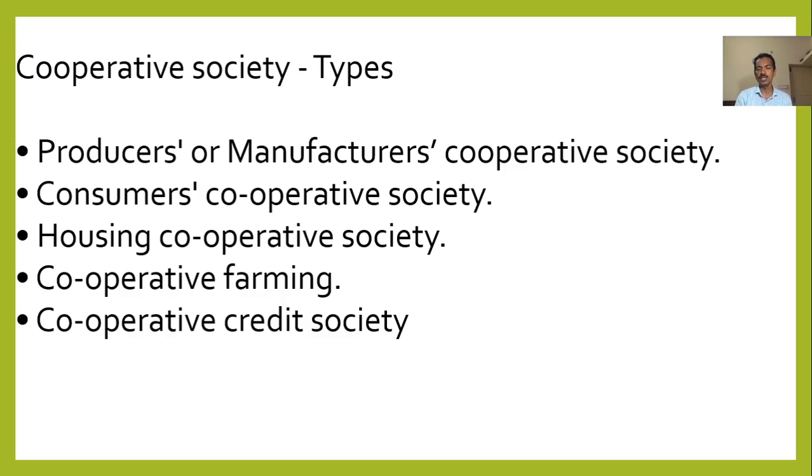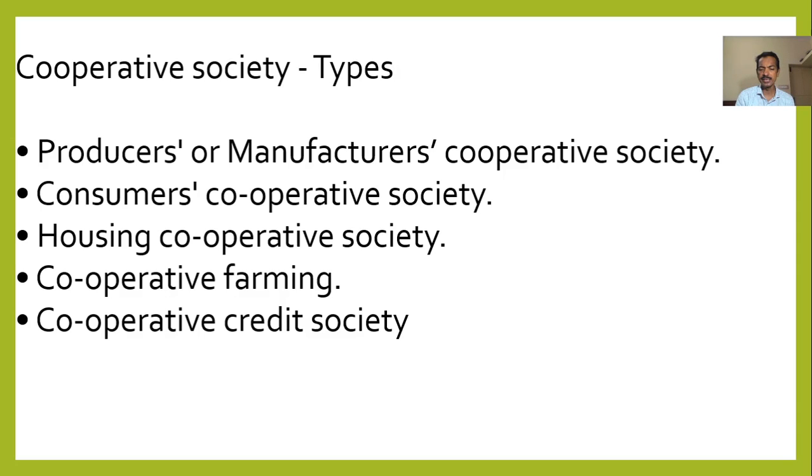And housing cooperative societies, maybe KHB, the housing board. Even in flats, this type of society is formed as a housing cooperative society. And cooperative farming: the farmers join together in this type of society, get the things required for them, and sell their product through these societies.